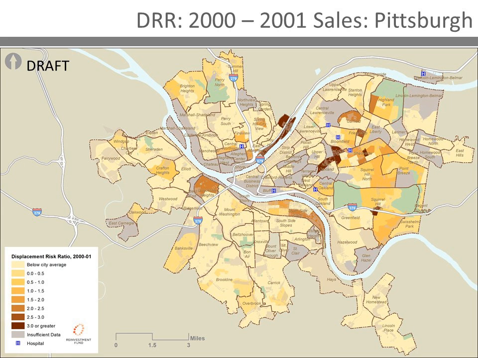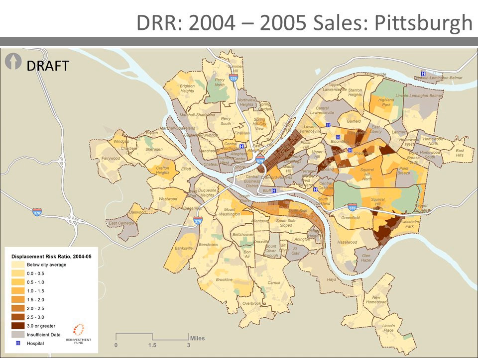So using the same methodology and the same kind of data, everything is done identically. What you're seeing now is a map of Pittsburgh, and what we are showing is that set of ratios scaled basically the same way for the period 2000 through 2001.